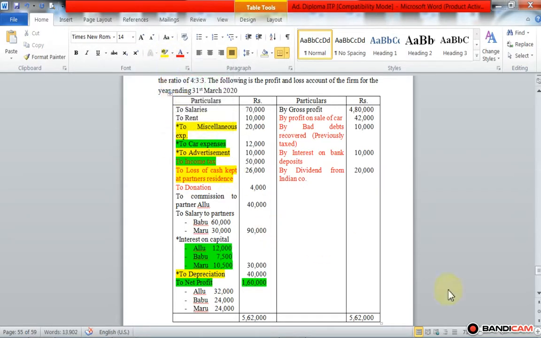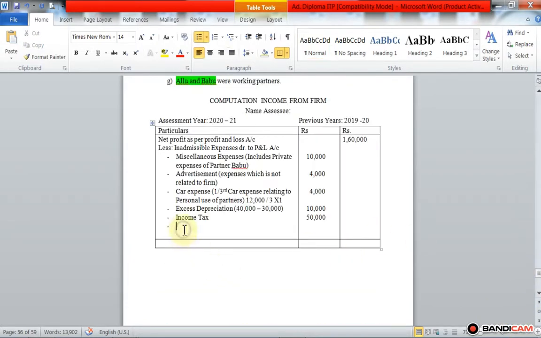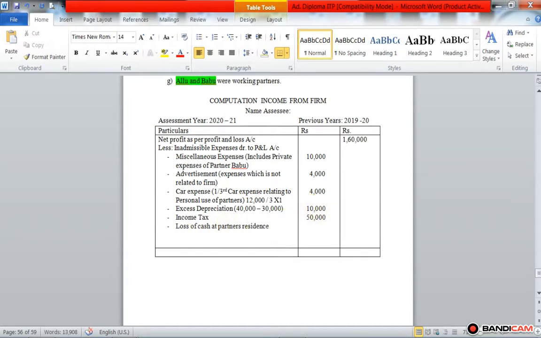Loss of cash at partner's residence amounted to rupees 26,000. Then donation.